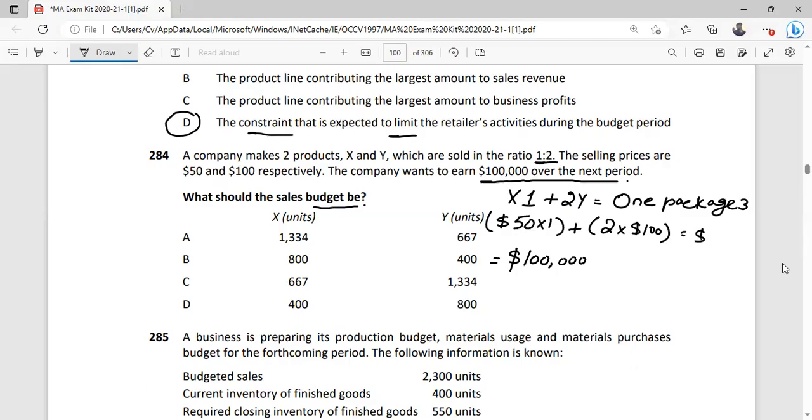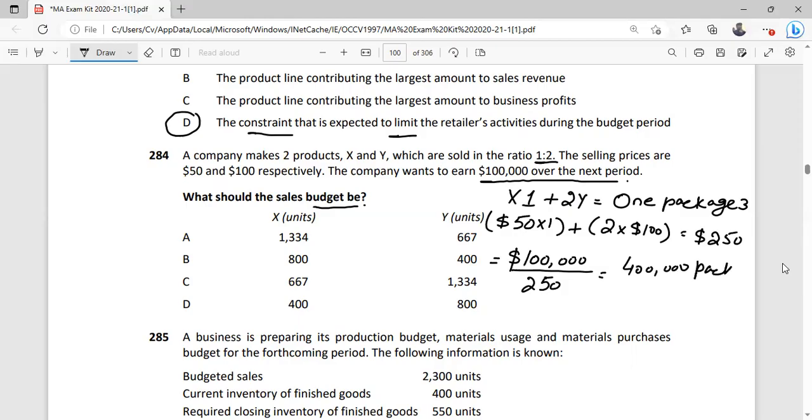So the package is worth 250. Now we can divide this 100,000 by 250. We calculate the number of packets or number of batches. We have 400 packets or batches.